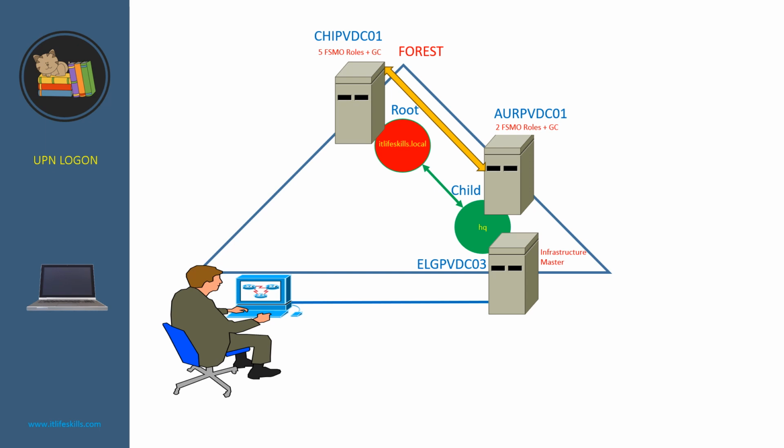For example, when user A logs on with the UPN root.usera@itlifeskills.local from a PC in Elgin site and is authenticated by the domain controller LHPVDC03.